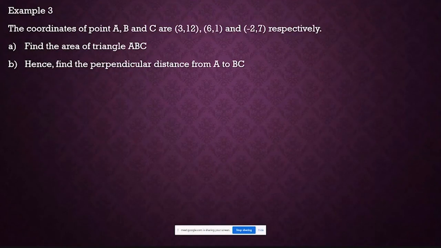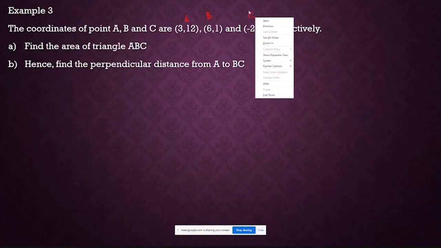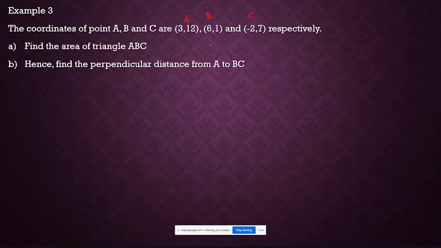This is coordinate A, this is coordinate B, this is coordinate C. Now with the given coordinates, find the area of the triangle. So easy. Step A, we find the area by using the formula 1 over 2, with (3, 12), (6, 1), (-2, 7), (3, 12).